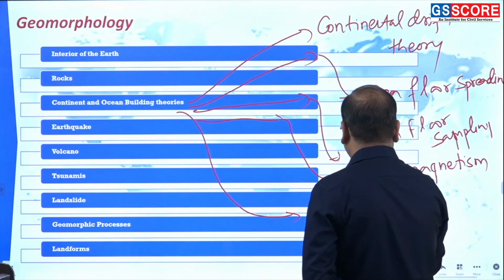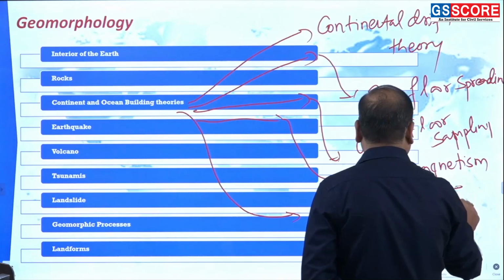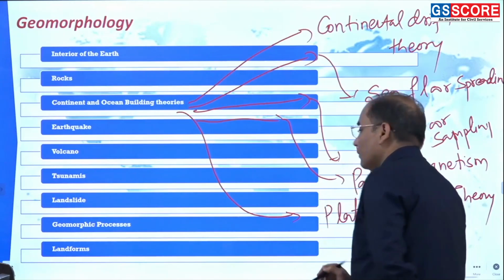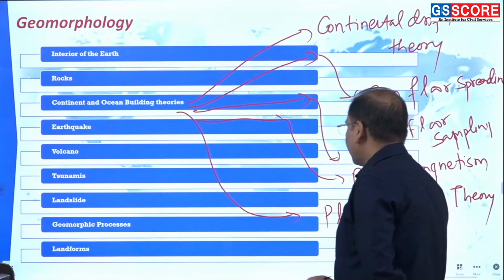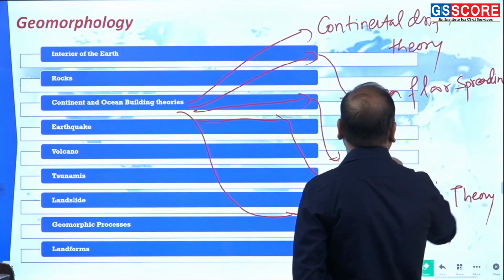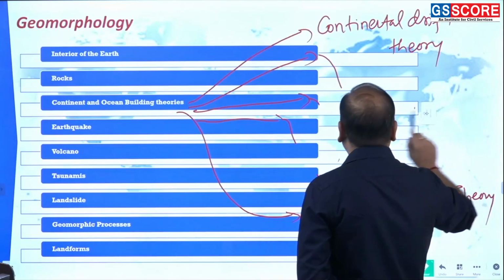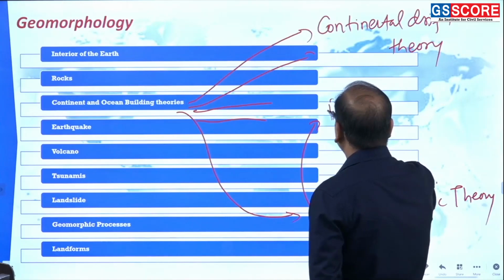And in the end, the most important theory is the plate tectonic theory. Within the plate tectonic theory, it is important to understand the different types of plates, the different types of plate interaction, and the different types of plate boundaries.